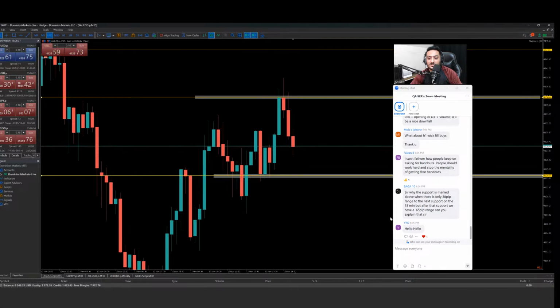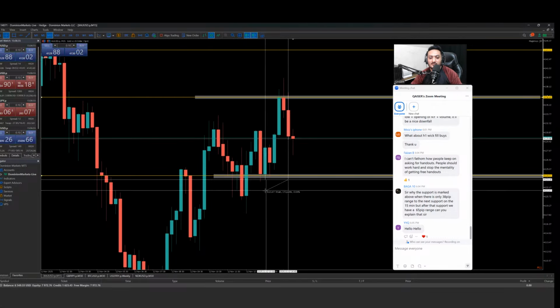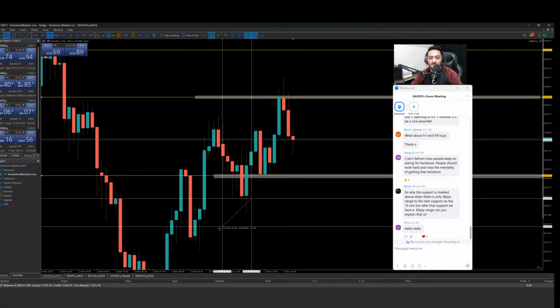Why is the support marked above when there is only a 38 pip range to the next support on the 50-minute, but after that support we have a 65 pip range? Can you explain that, sir? I took the current support area actually. Right after this support we have another support, then another support.